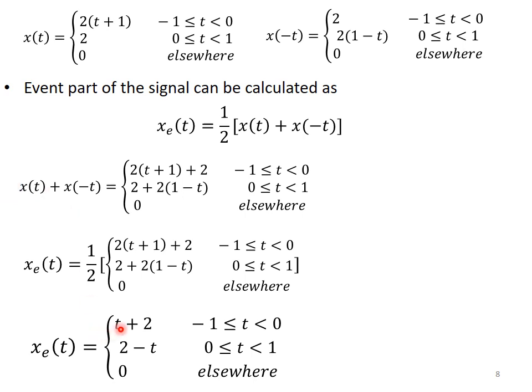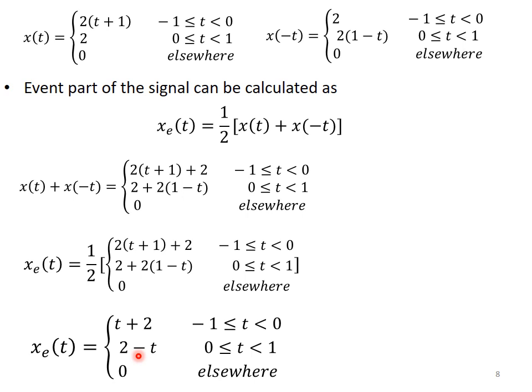This one is a ramp function with the offset of 2, and this one is also a ramp function, a negative ramp function with a negative slope. This one is a positive slope ramp function with the offset of 2. So between minus 1 to 0, you will draw a ramp function with the offset of 2, and between 0 to 1 you will draw a ramp function of a negative slope.